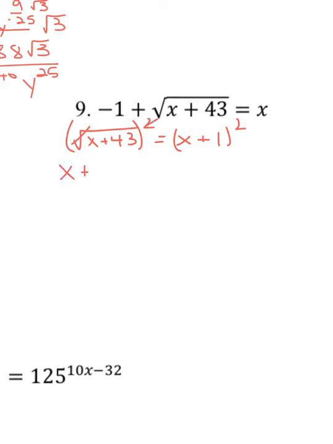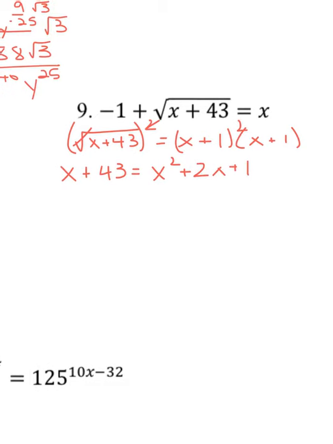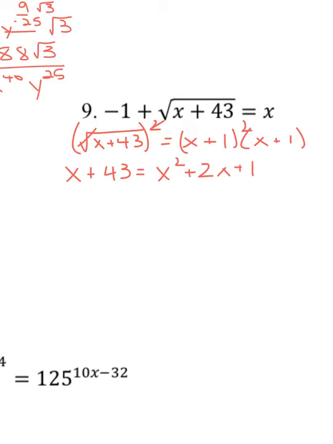You get x plus 43. On the right side, you have to do x plus 1 times x plus 1, which gives you x squared plus 2x plus 1. Set it equal to 0, so I'm going to subtract the x and the 43 over, which gives me x squared plus x, and then minus 42.